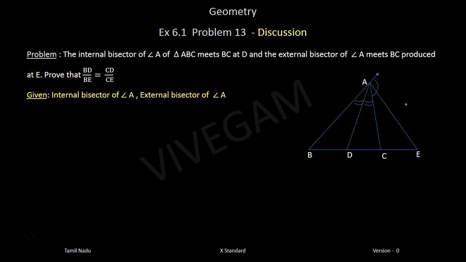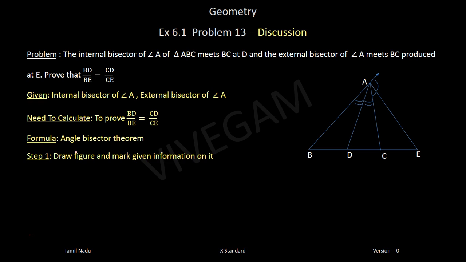What are we given? We are given the internal bisector of angle A and the external bisector of angle A, and the points where they meet BC or BC produced. We are asked to show this equation, that BD by BE equals CD by CE. And the hint is the angle bisector theorem.